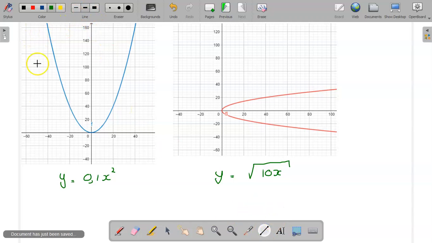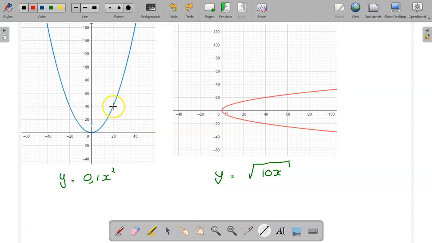Now what the vertical line test says is, if I start to draw a vertical line, let's say I took a vertical line anywhere. Let's go for a thinner pen.